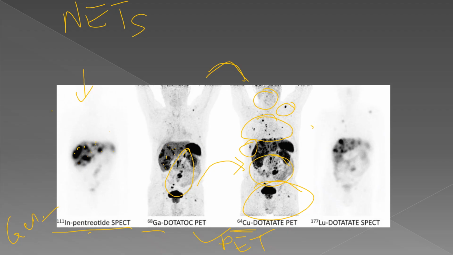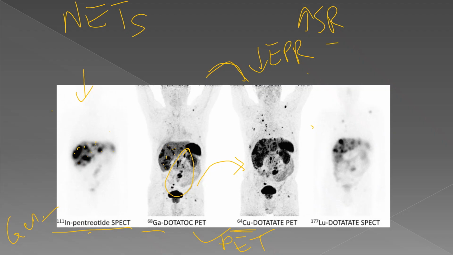And that's because this one has a smaller effective positron range, which means it has better spatial resolution. And both of them are good, but you notice the DOTA-TATE is a little bit better at finding those small tumors because it has a smaller effective positron range. So PET's a lot better. That is a limiting factor in some radionuclides like gallium, where it travels pretty far.